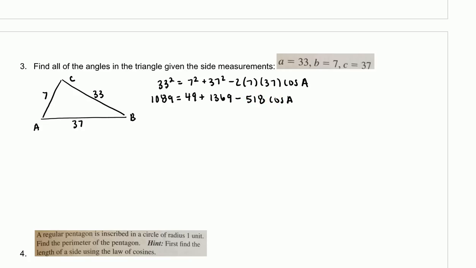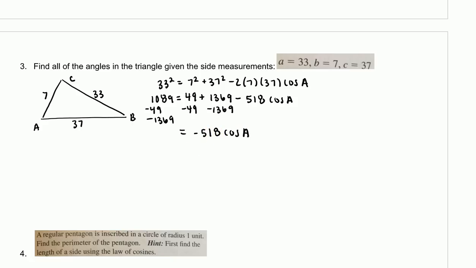Here's where we have to be a little bit careful. You are going to want to subtract the 49 and the 1369 from both sides, because you are trying to get that cosine A by itself. You cannot combine those with that negative 518.